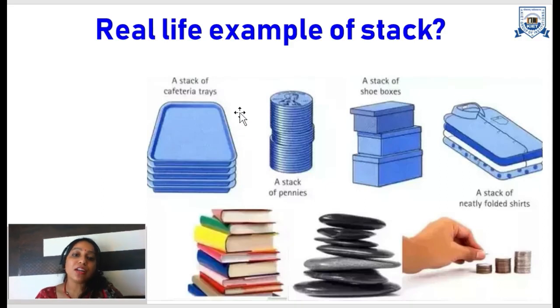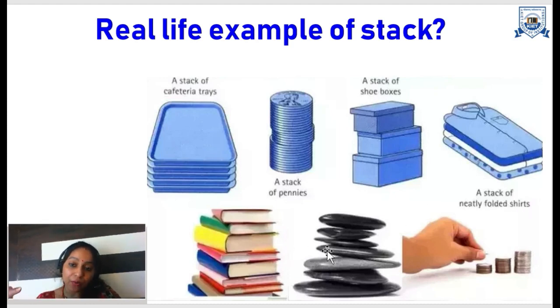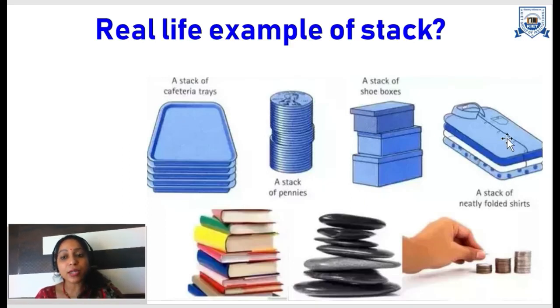Some real life examples of stack are a stack of cafeteria trays, stack of pennies, stack of shoeboxes, stack of neatly folded shirts, pile of books, etc. Now if you want to insert one more data element, that is, keep one more neatly folded shirt, where will you keep it?